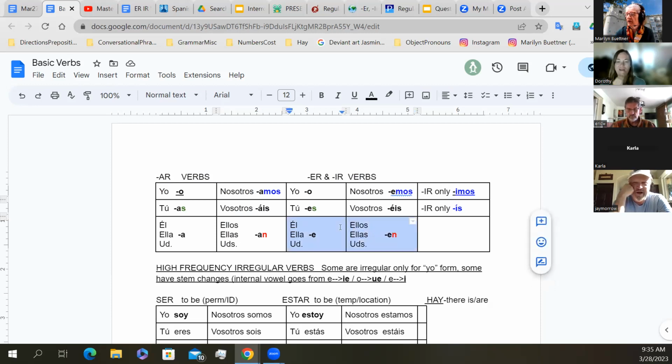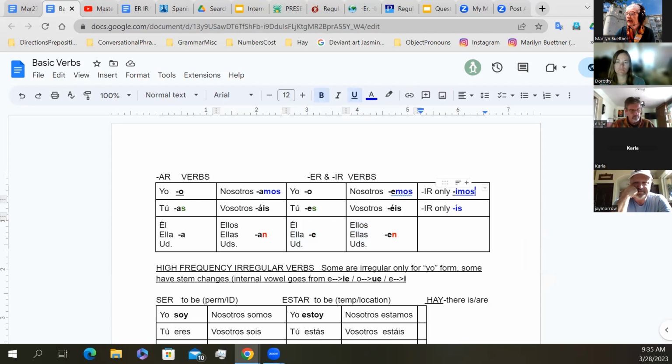The plural of él or ella is third person plural, and that means they take the vowel e, but they add an n onto the end of it. So the color codings on these charts tell you where you see patterns, similarities in conjugations, right?